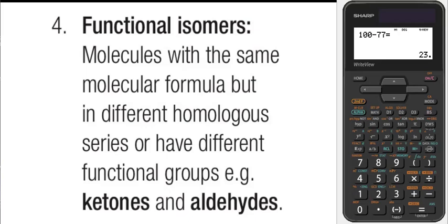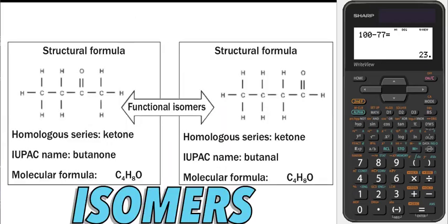Now, when it's a functional isomer, like I told you at first, you've got an alcohol, and its partner is an ether. Then you also had an aldehyde, and the partner of the aldehyde is actually a ketone.